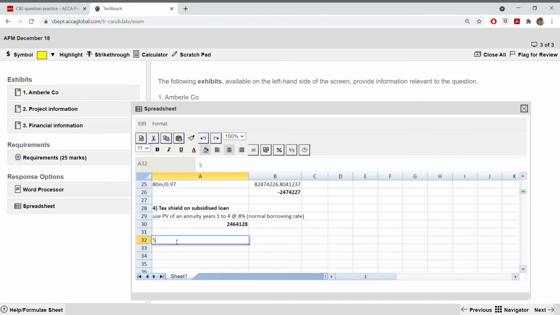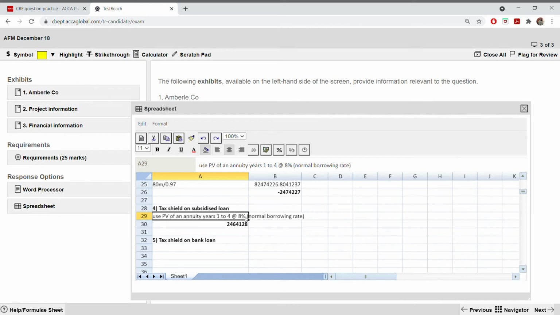Coming to working number 5. What is working number 5? Tax shield on bank loan. So when I come to tax shield on bank loan, remember, you have used the annuity factor using 8% here, right?